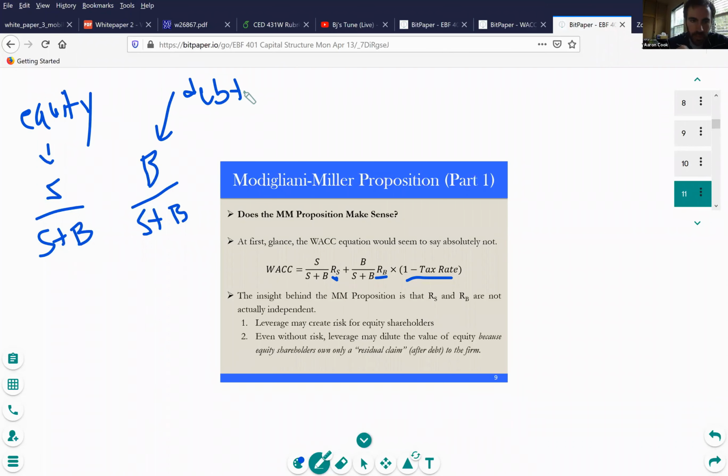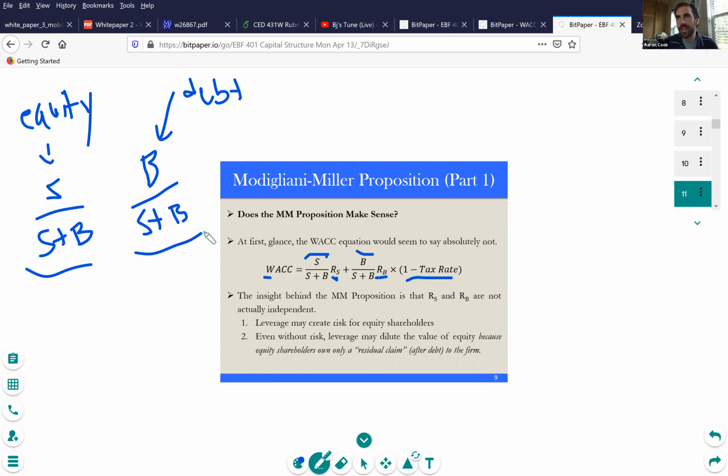It would appear that if you change those parameters, this term would get lower, this term would get higher, and that would change the overall WACC, the overall cost of capital that the firm would face. But there's a key thing that makes that not exactly so. Simply changing these equity shares and debt shares doesn't, at the end of the day, change the firm's cost of capital.